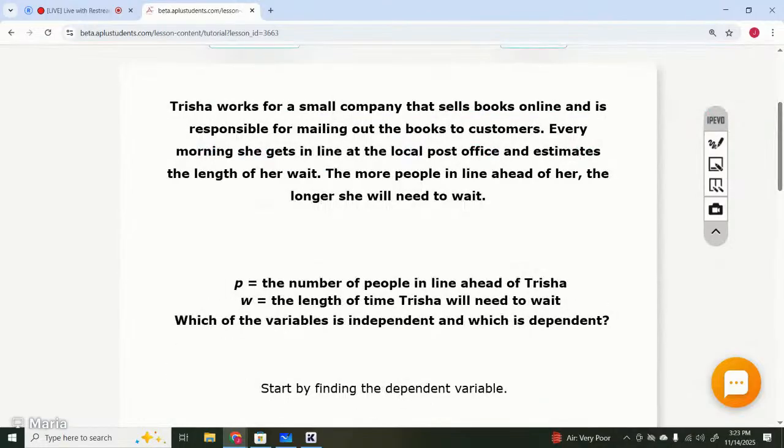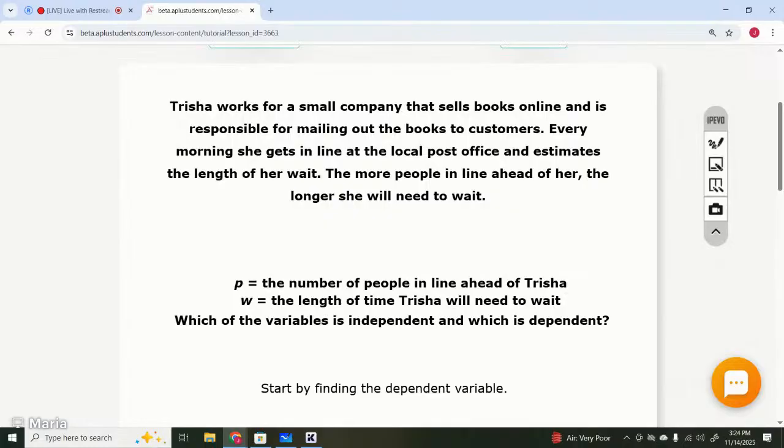Trisha works for a small company that sells books online and is responsible for mailing out the books to customers. Every morning she gets in line at the local post office and estimates the length of her wait. The more people in line ahead of her, the longer she will need to wait. So we need to identify which variable is independent and which is dependent.